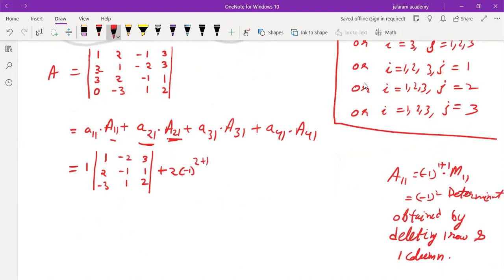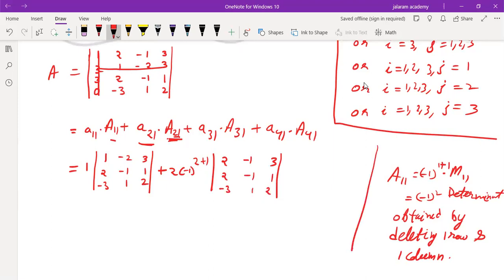This is the cube of minus 1, which will be negative, into the determinant obtained by deleting the second row and first column. So it will also be a determinant of order 3 cross 3. So we write 2, minus 1, 3; 2, minus 1, 1; minus 3, 1, 2.